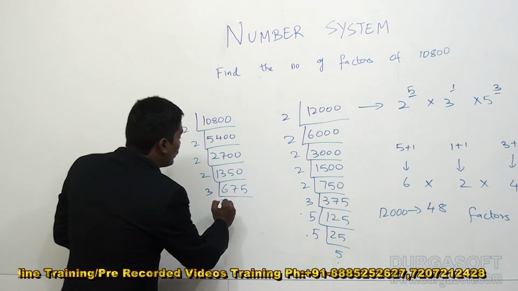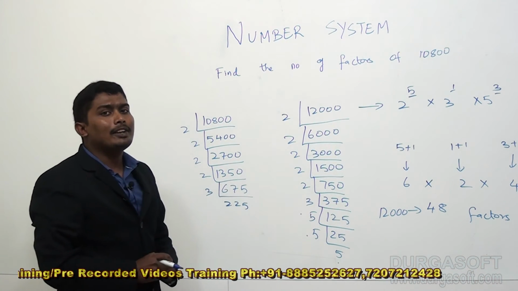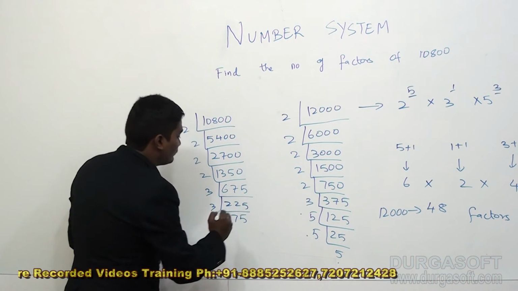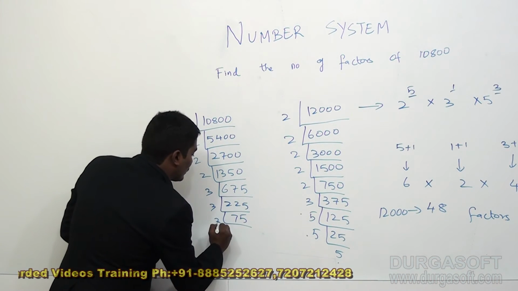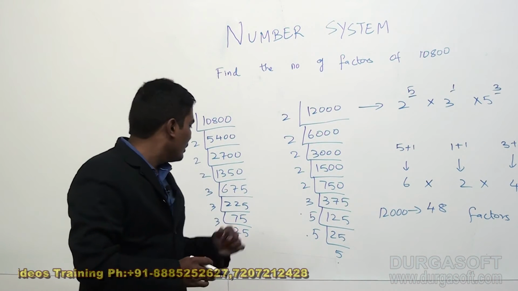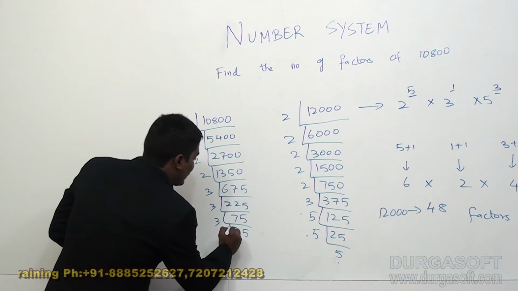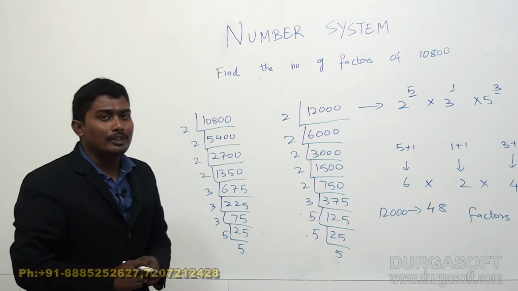So in third table, 225. Now 225 again I can divide this by third table. Third table, 75. 75 I can again divide this by third table, 25. Now 25 further I cannot divide it by third table, but 25 I can divide it by fifth table. 5 is again a prime number, so I will be using 5 into 5. So as 5 is a prime number, I will stop with this.